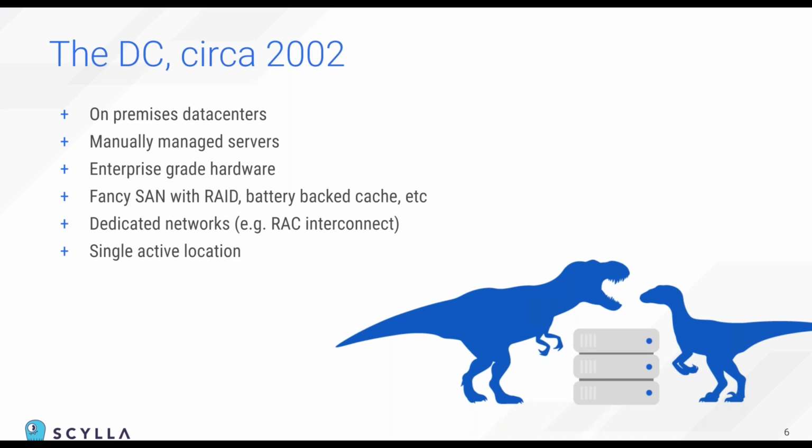For example, RAC, Oracle Application Cluster, had a special network that was called interconnect to synchronize the cache between the database heads. So basically what I'm trying to say is that a lot of the designer databases back then kind of assumed that you had this type of physical control over the hardware.